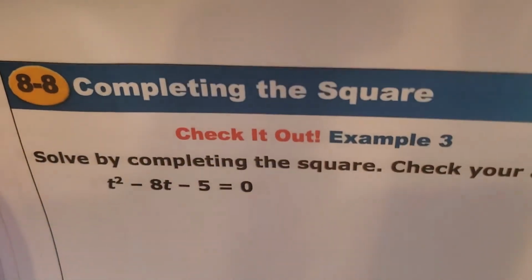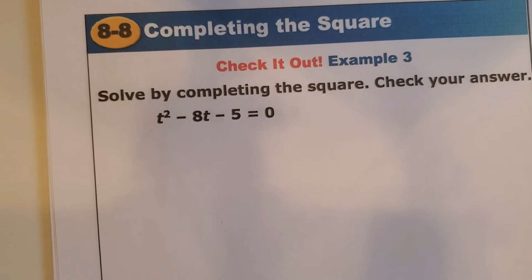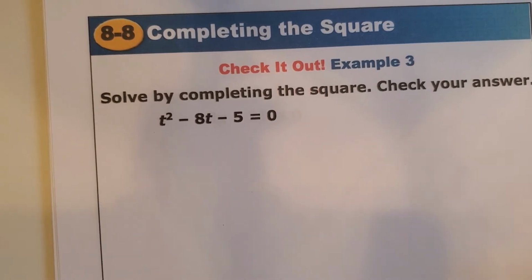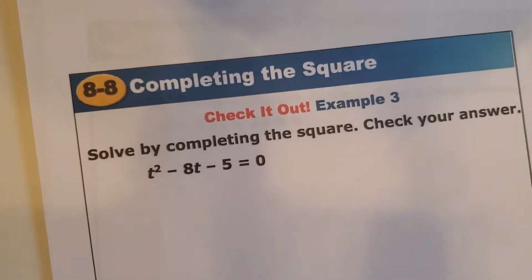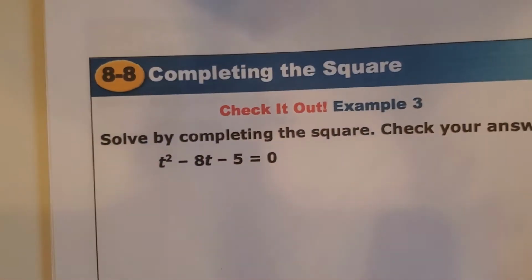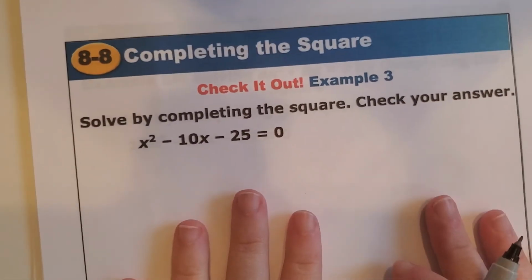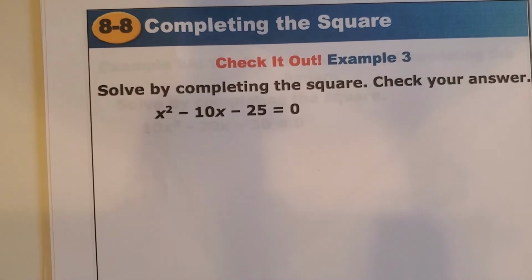I don't know if there's anything else much left to talk about with these kinds of problems. Actually, I think I'm going to skip this one, and I'm going to do this one. Okay?